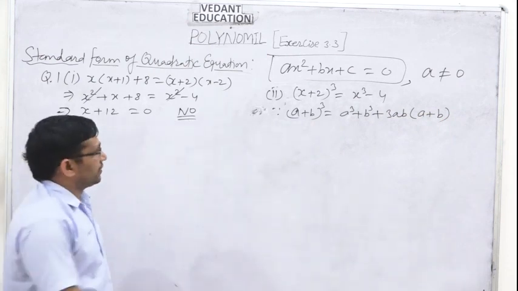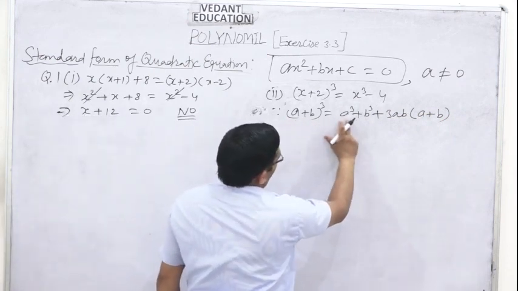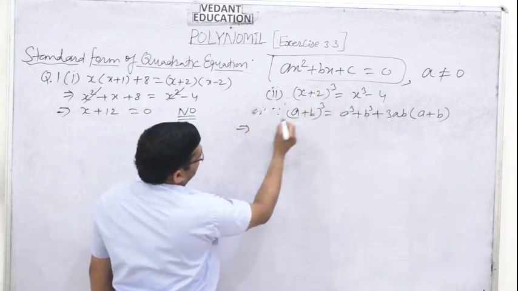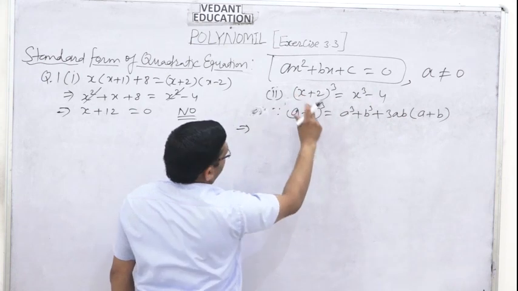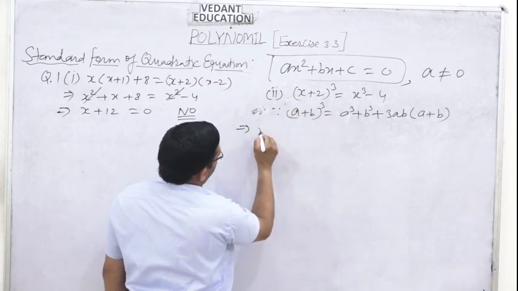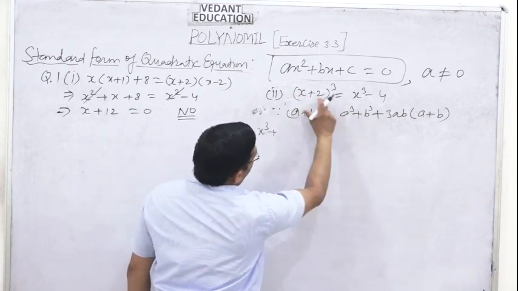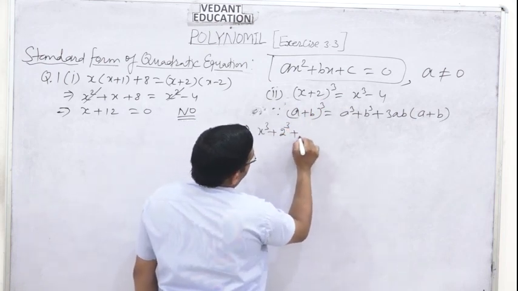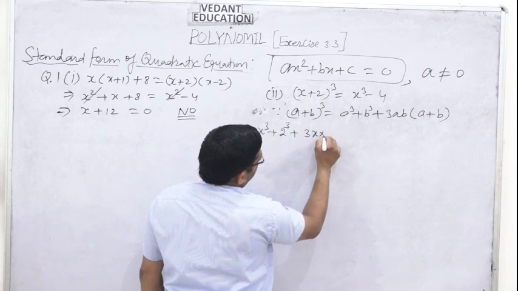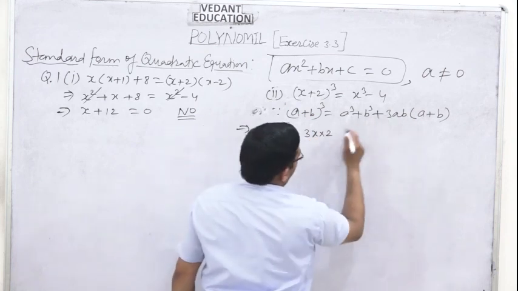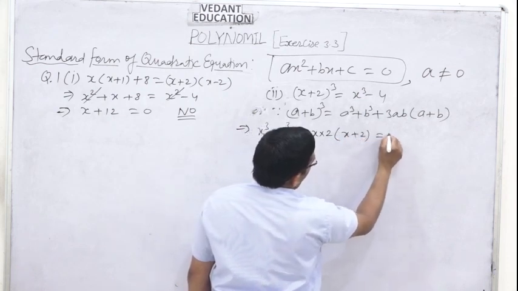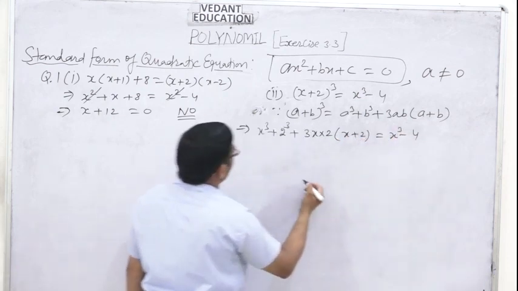This is an algebraic identity. Here a is equal to x and b is equal to 2. So a cube means x cube, plus b cube means 2 cube, plus 3ab, 3 multiplied by x multiplied by 2, multiplied by (a + b), it means (x + 2), is equal to x cube minus 4.